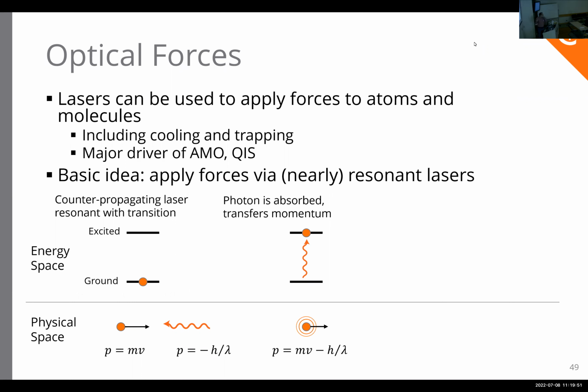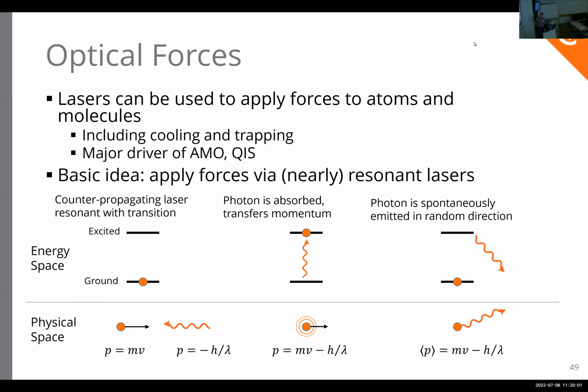So now the photon is gone. Momentum has to be conserved though, so necessarily this atom absorbs the momentum and slows down a little bit by h over lambda. And then if this excited state spontaneously decays, it will spontaneously re-emit the photon in a random direction. Not truly random, but it won't emit in any preferred direction.